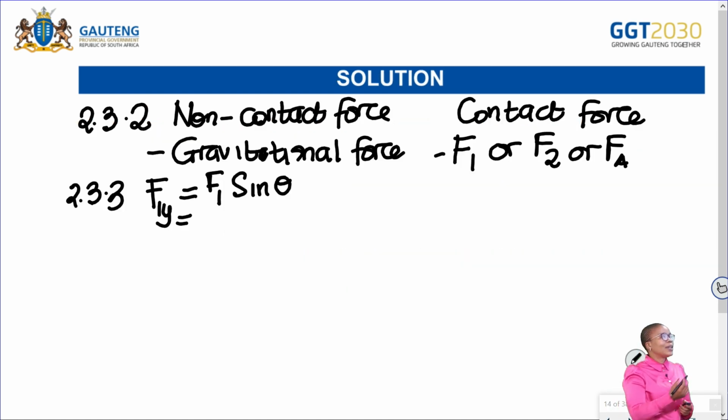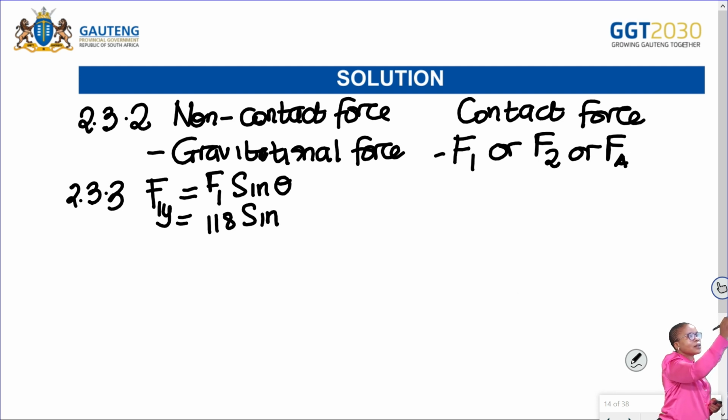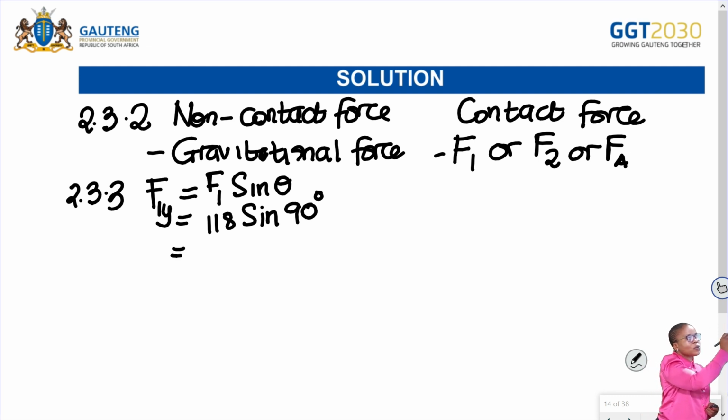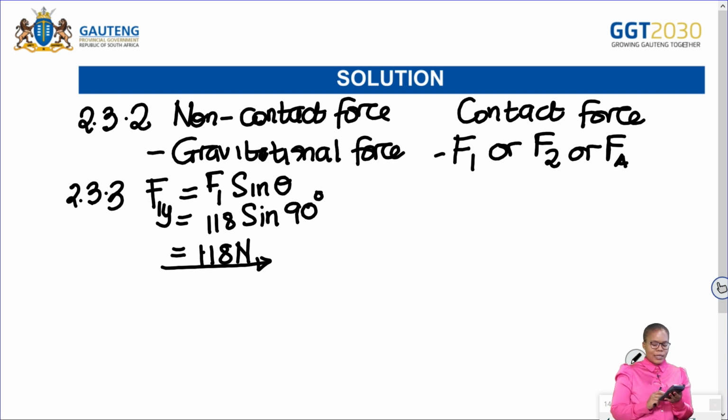So 118 sine of 90 degrees. We do know that sine 90 degrees is 1, so multiplying it by 118 gives us 118 newtons. You can simply put everything into your calculator: 118 sine 90 gives you 118.